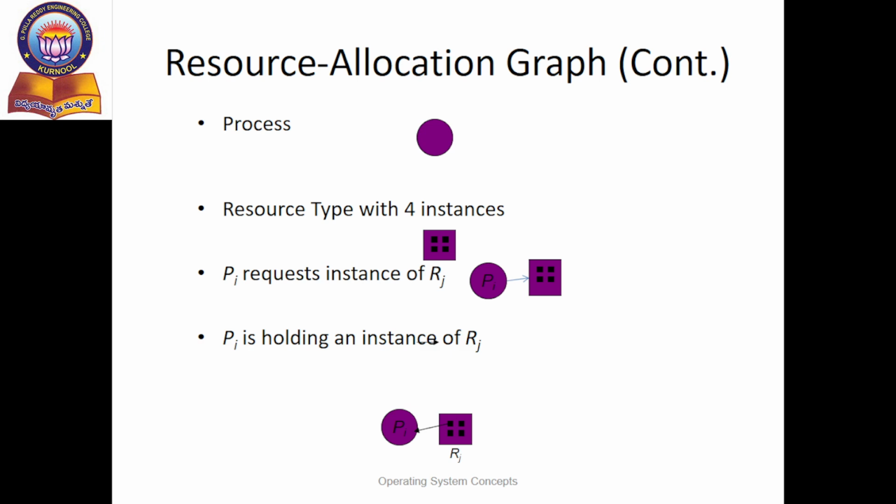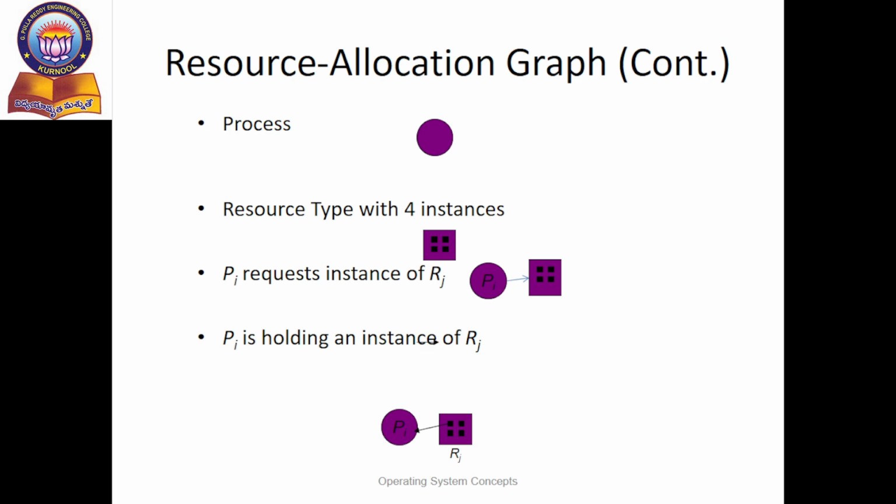Next we have something like Pi requests an instance of Rj. In this case we have an edge. Just now we have seen that in the case of a request edge, the direction will always be from process to resource. What is the meaning of this? Now Pi is requesting for an instance of a resource, whose name is Rj.